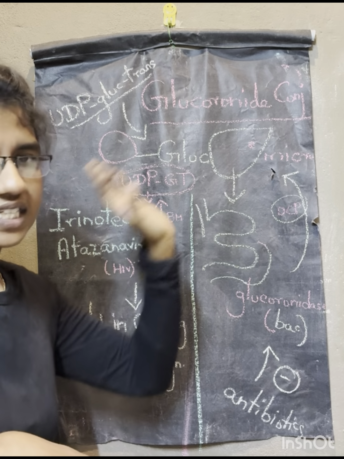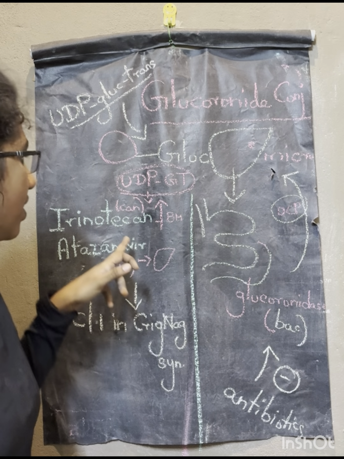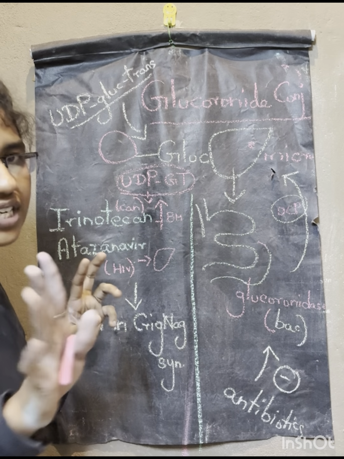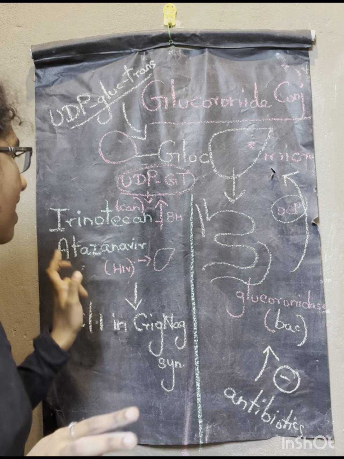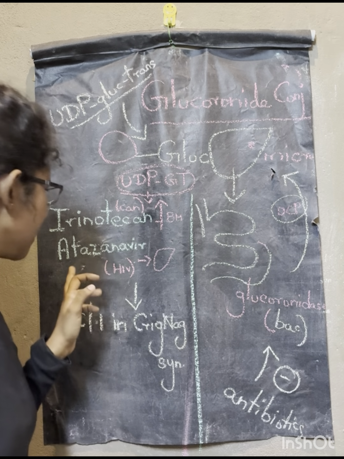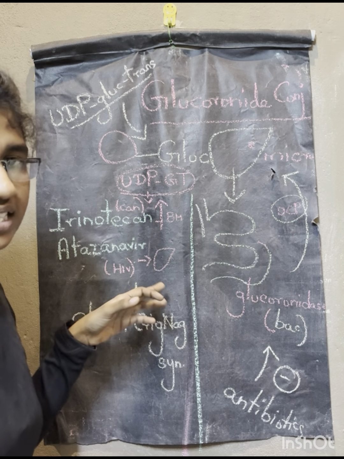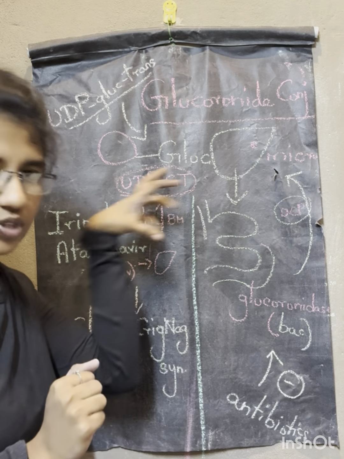This enzyme is present in the liver, in the endoplasmic reticulum. So the main two drugs which are metabolized this way are irinotecan and atazanavir. Irinotecan is an anti-cancer drug and atazanavir is an anti-HIV drug. These two drugs are especially metabolized through this pathway.